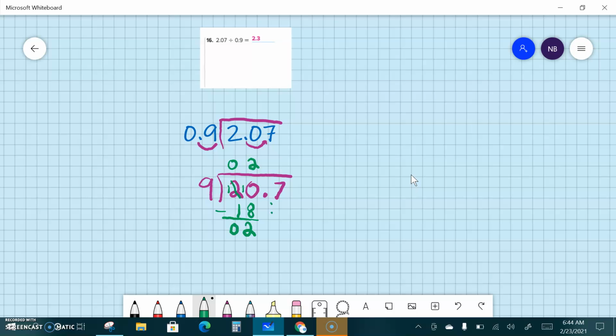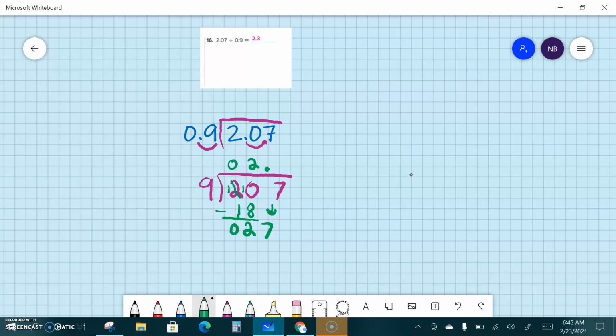We bring the 7 down, and I now have 27. And don't forget, we need to put our decimal directly above when we get to it. You can pretend that point is not there if you've already moved it to the top; you can ignore it in the bottom.